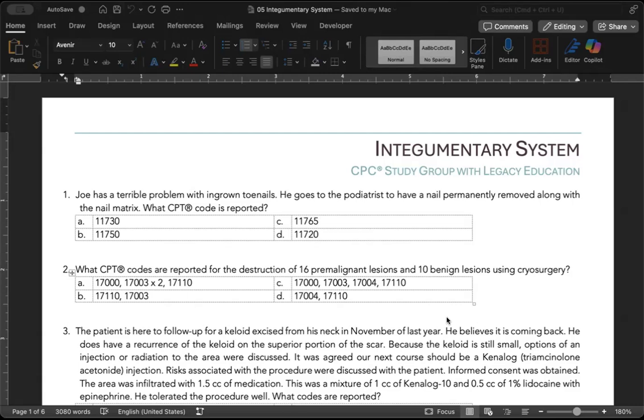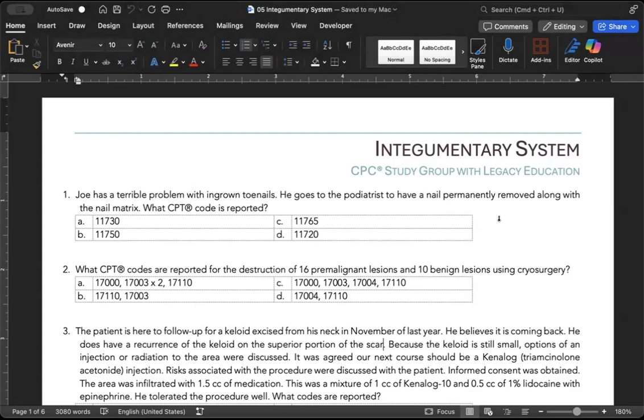So they are both an avulsion of a nail plate, partial or complete, simple. So in this instance, we're not doing an avulsion. We are actually permanently removing. So we're going to skip the 11730 and 11732. And then let's go look at that 11750.